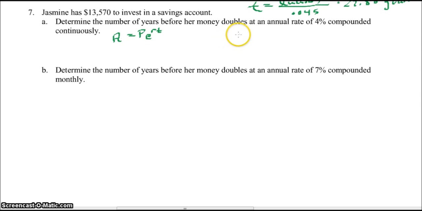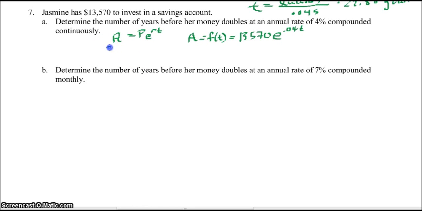So our 13,570 is our present value, and our rate is 0.04, and t, and that's going to be our function, which will give us the amount in the savings account. And we want to determine the number of years before her money doubles.